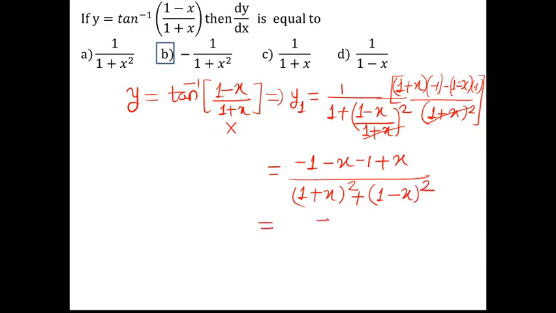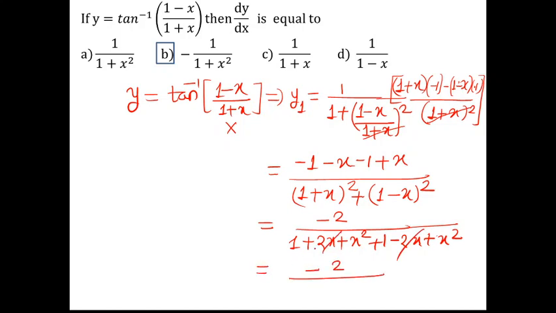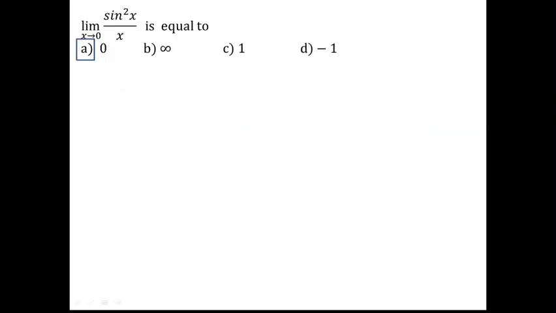So we find this is minus 2 upon, when I expand this, 1 plus 2x plus x square, then plus 1 minus 2x plus x square. So plus 2x minus 2x will get cancelled, and we are left with minus 2 upon, these two terms will get added, so 2 plus 2x square. Taking 2 common and simplifying, we get minus 1 upon 1 plus x square. In this way we get the first derivative.